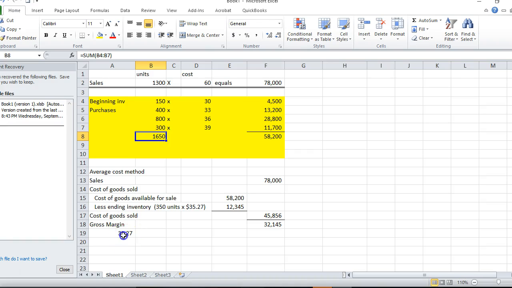We come up with $35.27. If we know we have on hand 350 units at $35.27, we know what our ending inventory is, so we know what we sold. Now, using this method, guys, if we know we sold 1,300 units at $35.27, won't we still get $45,856? Does that make sense? Because everything's getting averaged.